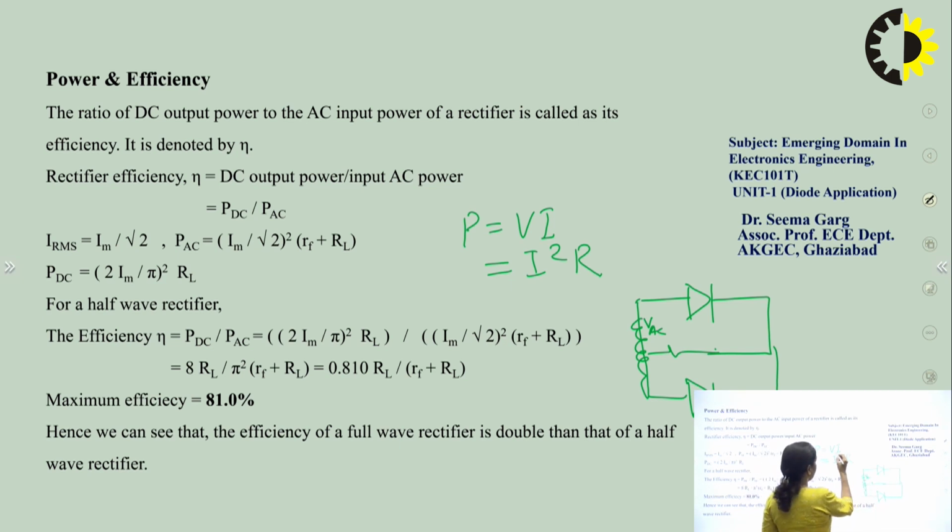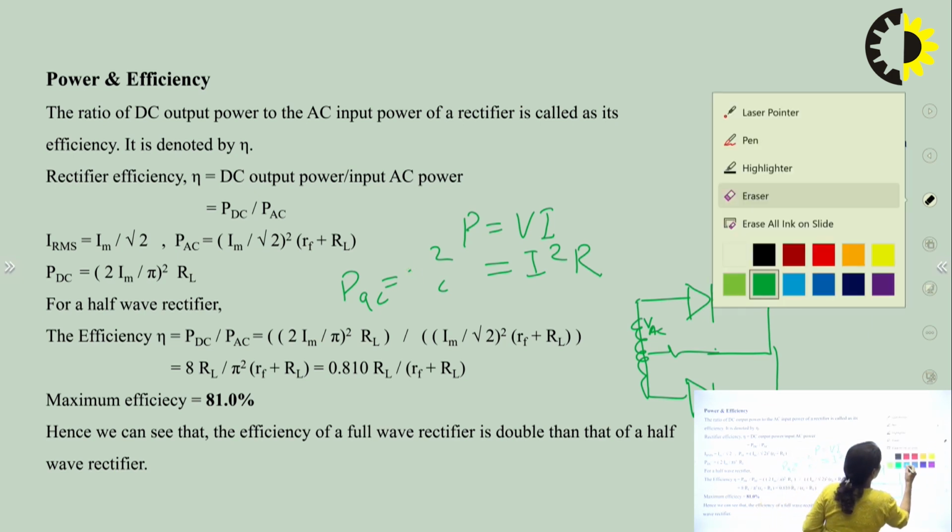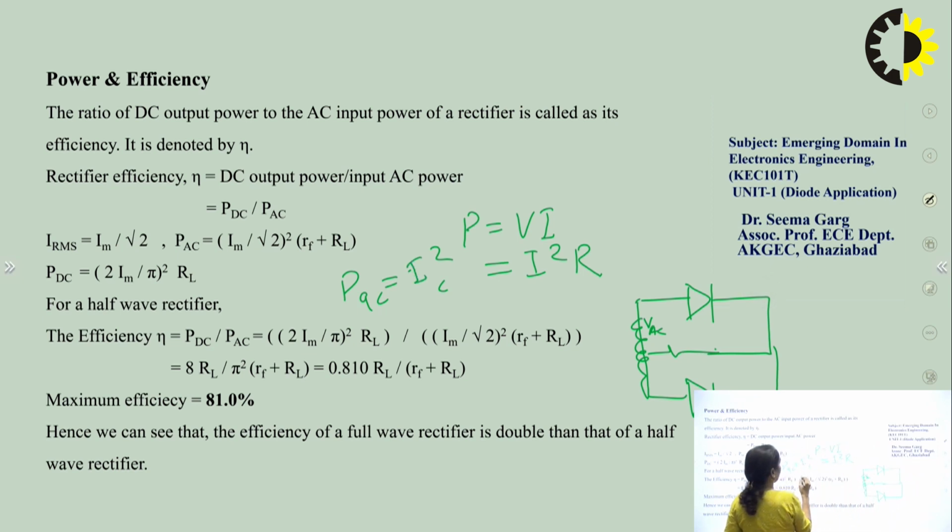So here we can say that PAC is VAC square or IAC square by R, that is RL plus RF.